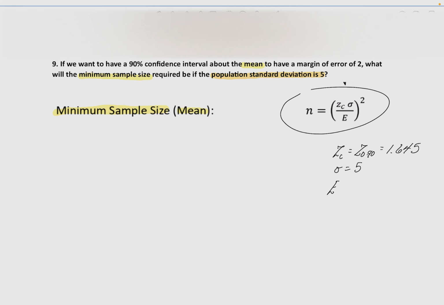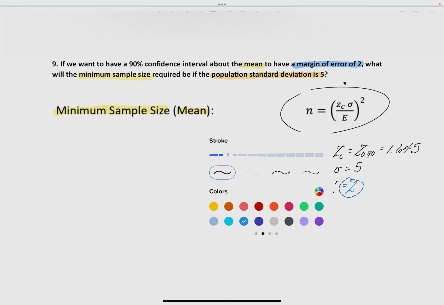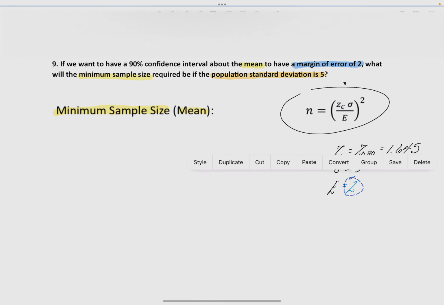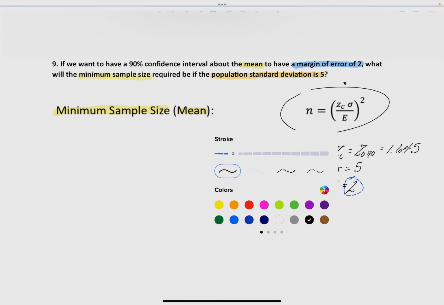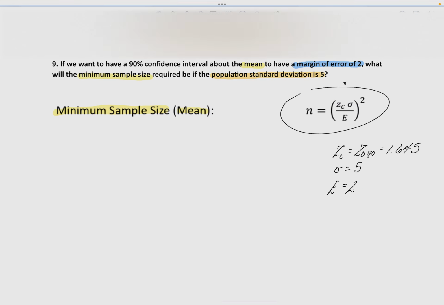And the margin of error is given to us in this statement as 2. Let me keep everything uniform. There we go. Okay, and now we plug into the equation.